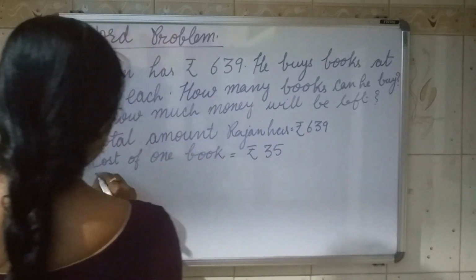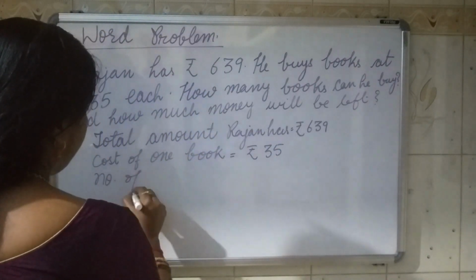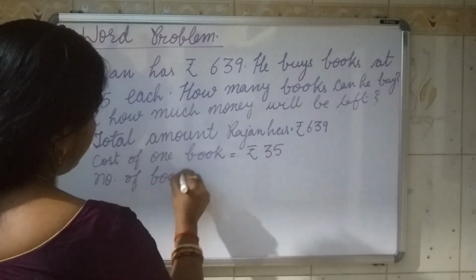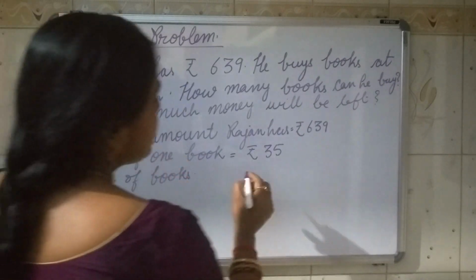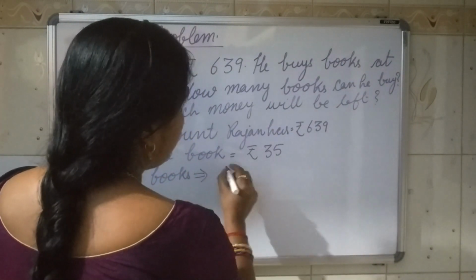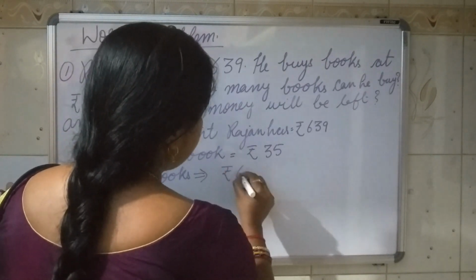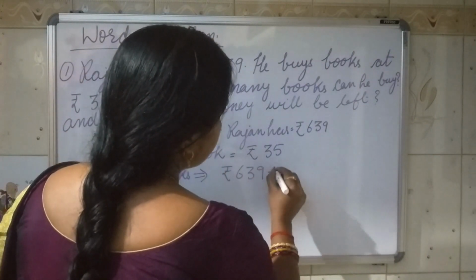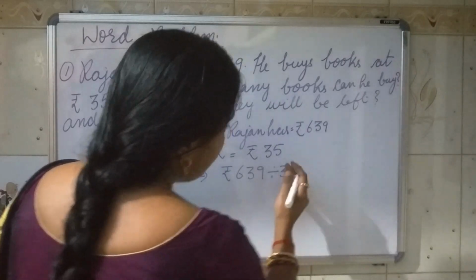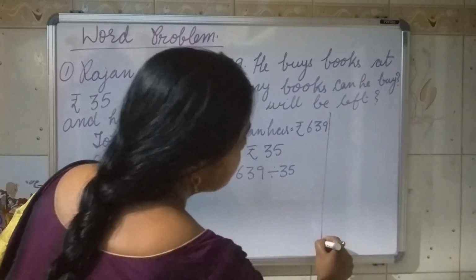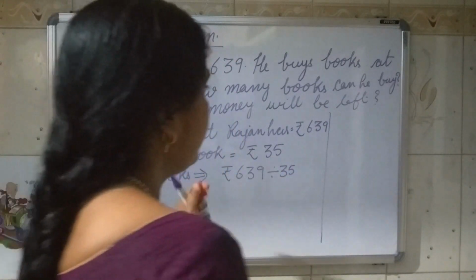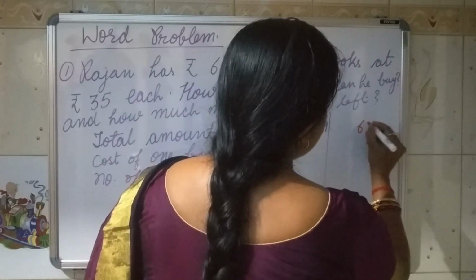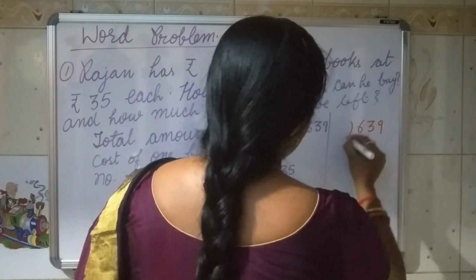Now the number of books is equal to rupees 639 divided by 35. Here there is no space, so I am doing the division part in this place. 639 divided by 35.